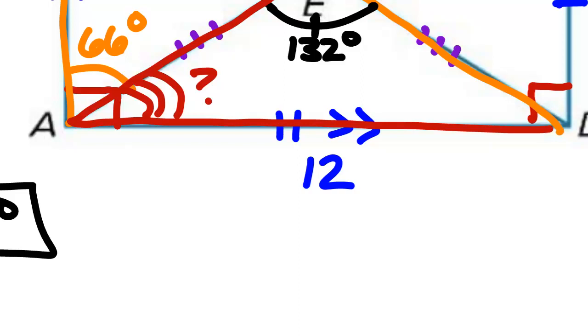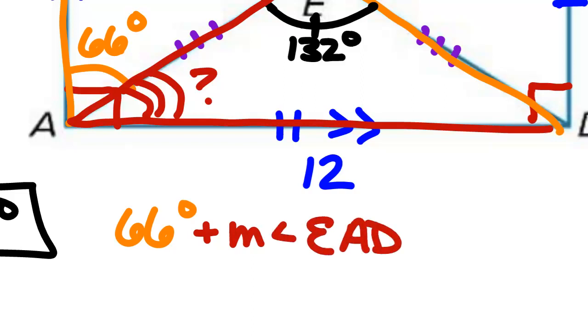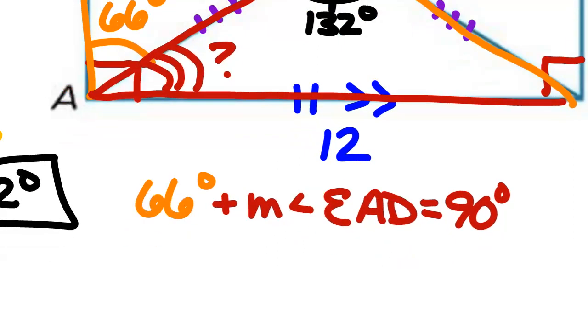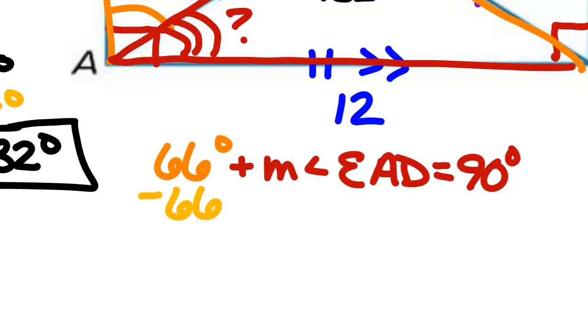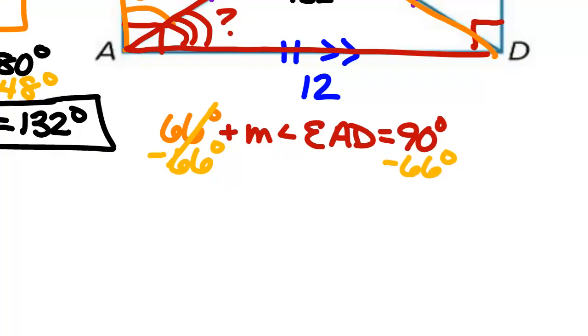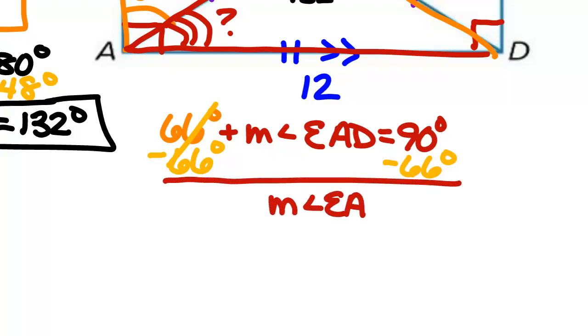So I can say 66 degrees plus the measurement of angle EAD is equal to 90 degrees. I can subtract 66 degrees from both sides. That means the measurement of angle EAD is 24 degrees.